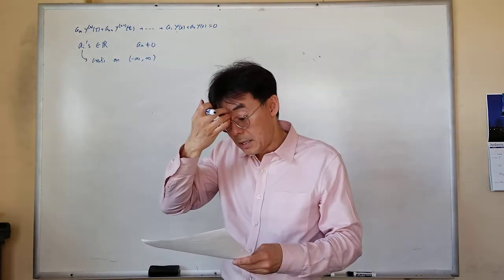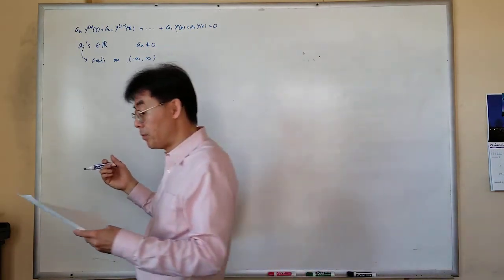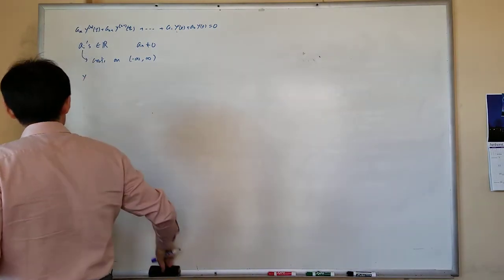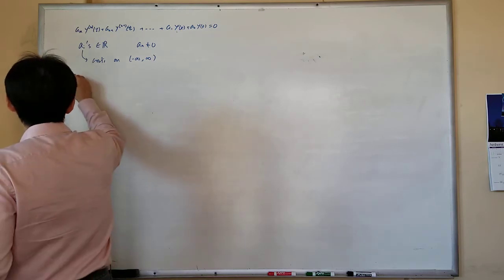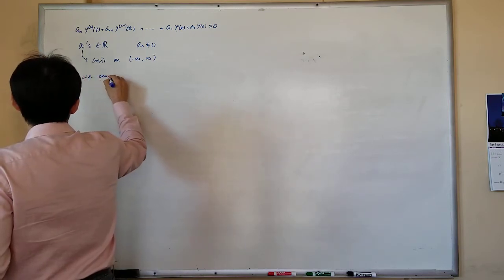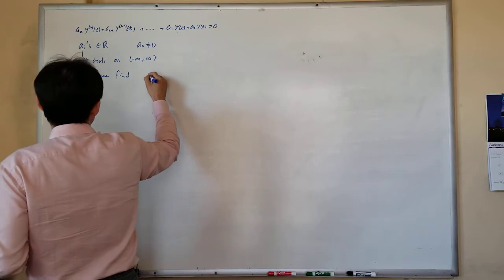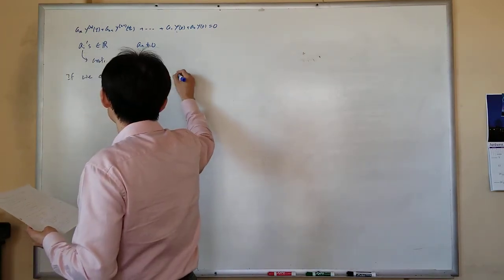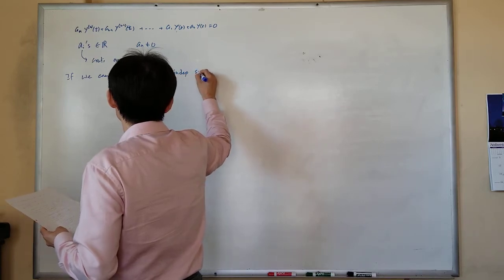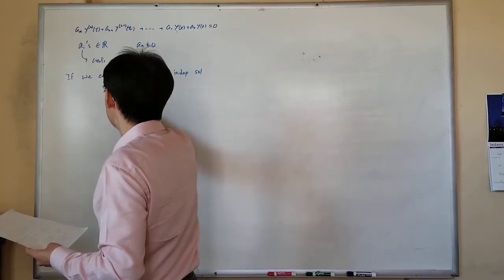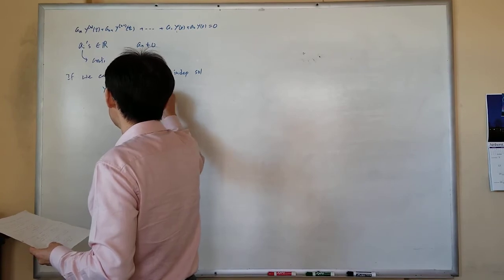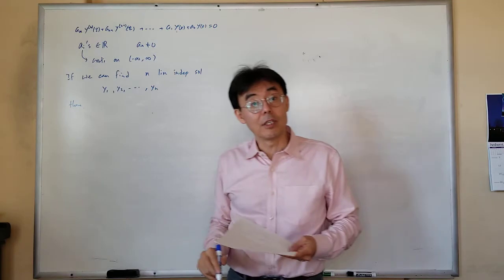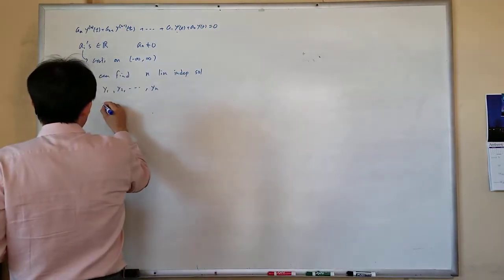Now, if we can find n linearly independent solutions, y1, y2, ..., yn, then the general solution for this homogeneous equation is this linear combination.